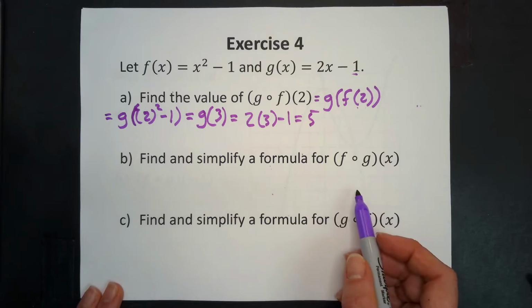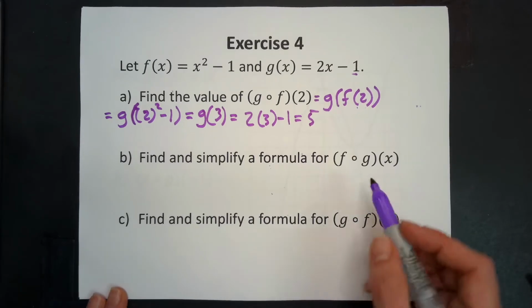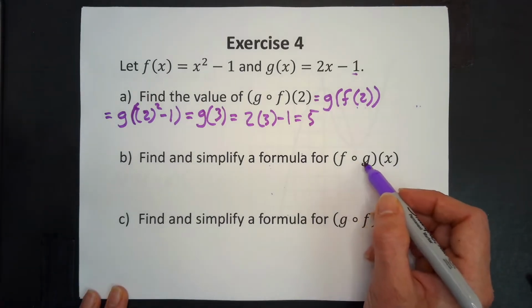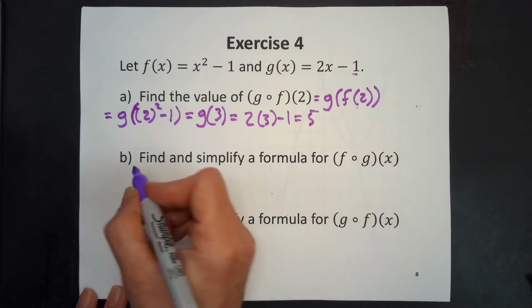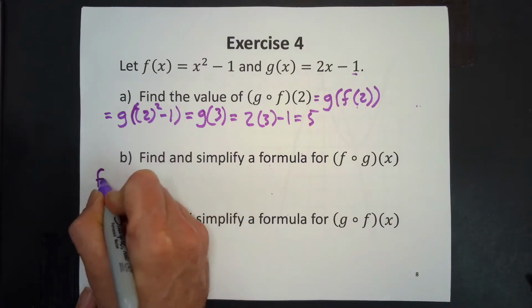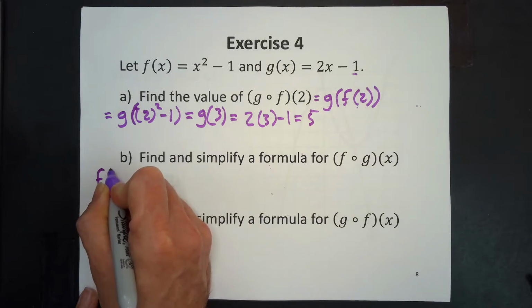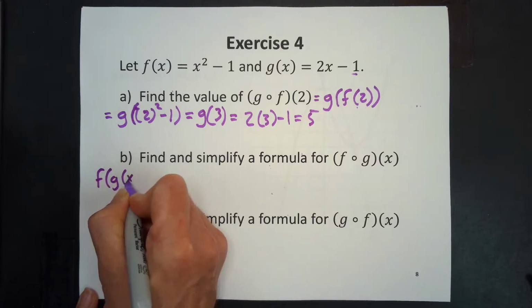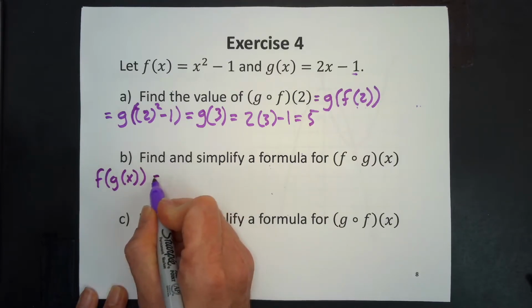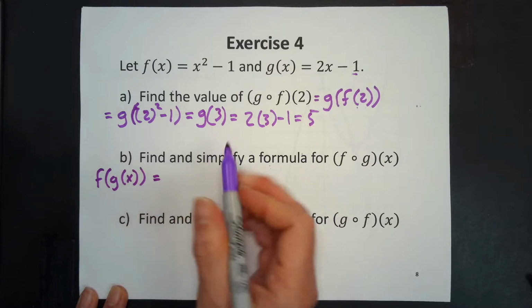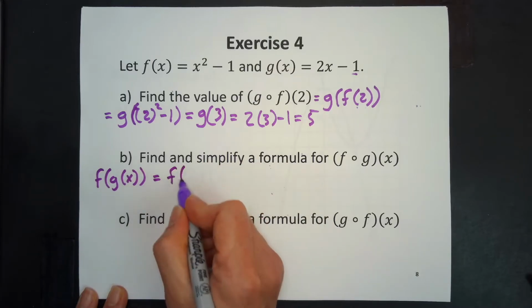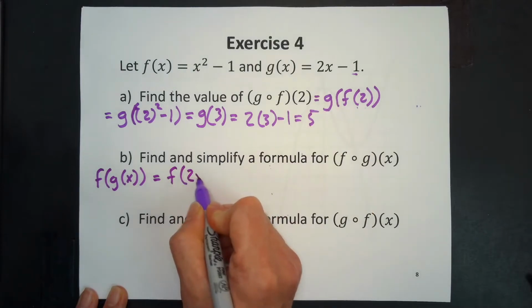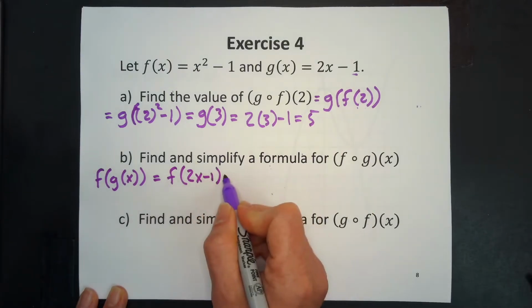Next it says find and simplify the formula for f of g of x. So for part B, I'm going to write f of g of x. And now, what's g of x? G of x was 2x minus 1.